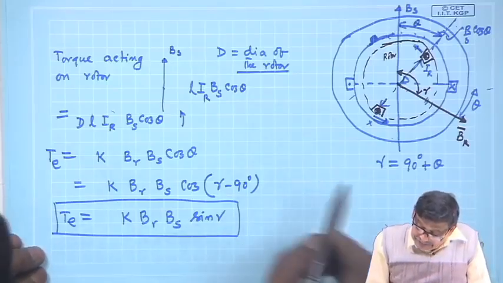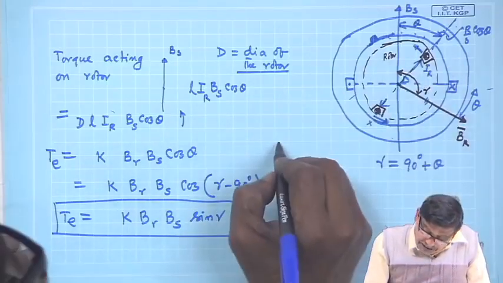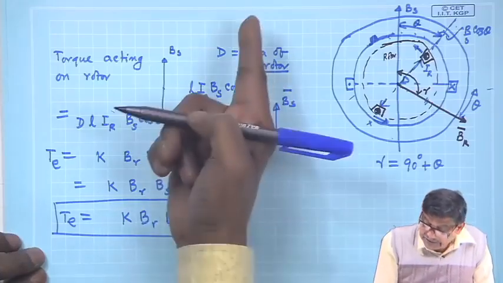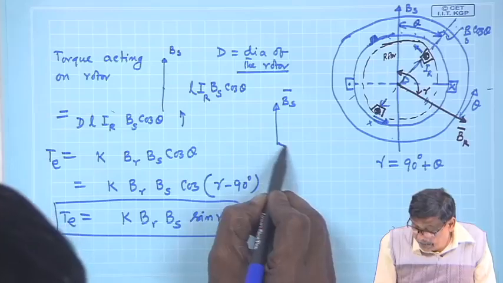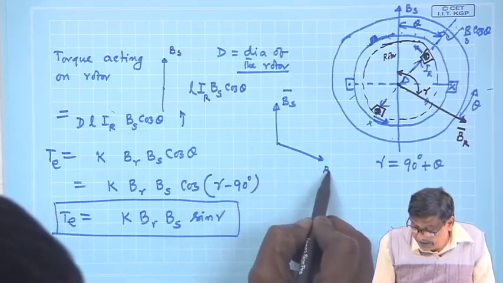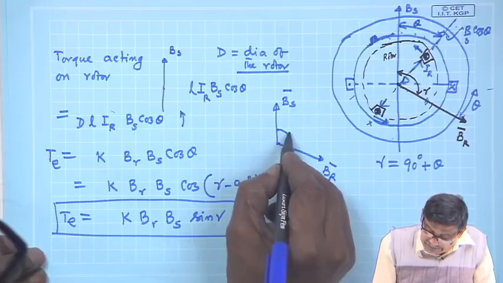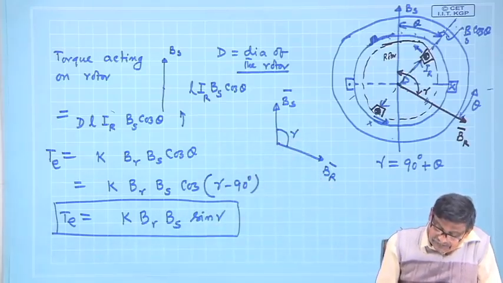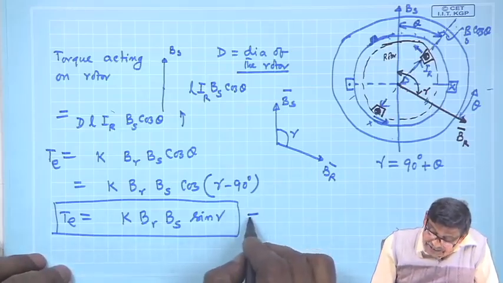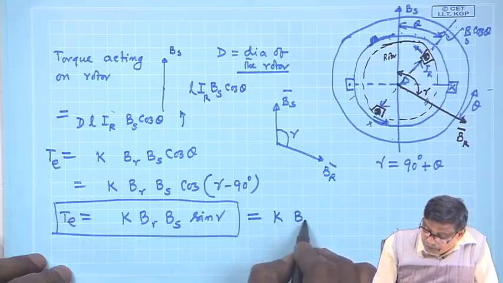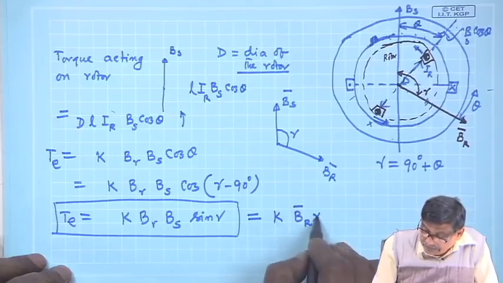And see, now I will just draw it here. It is BS, a vector, and BR at any arbitrary position. This angle is gamma. So, can it not be written as k into the cross product of these two vectors?